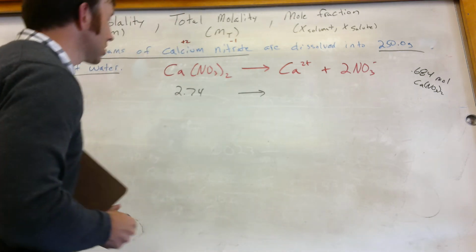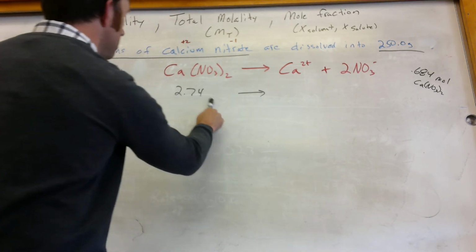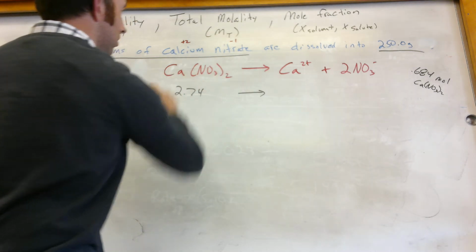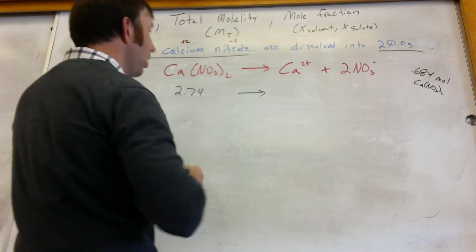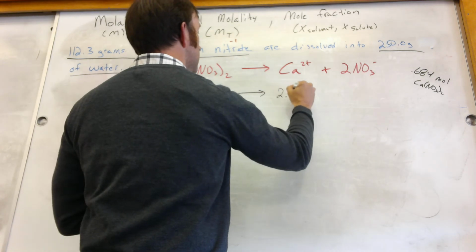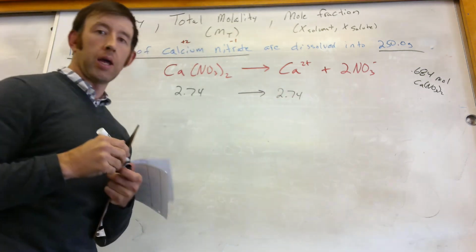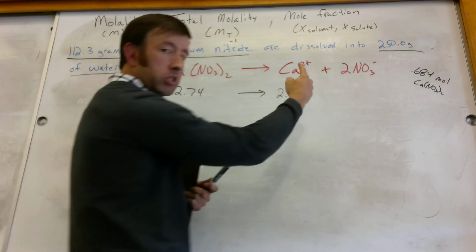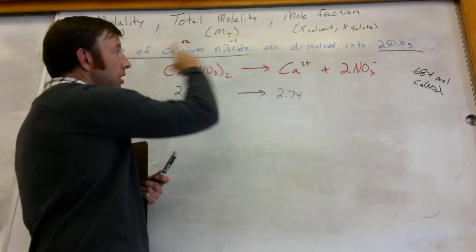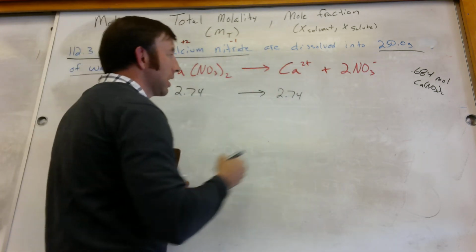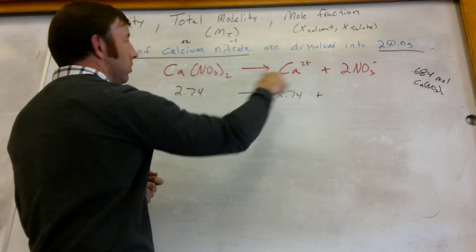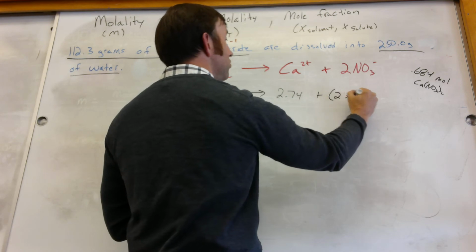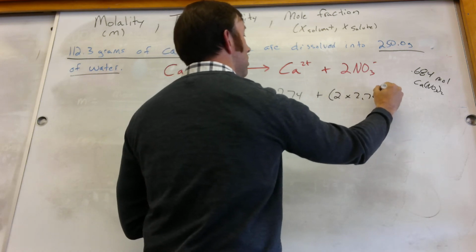So the way that looks here, I've got 2.74 moles here. It's a 1-to-1 ratio for my calcium, so this would also be 2.74 moles. Now, the trick here is because I have a coefficient of 2 for the nitrate, I need to double that mole amount again. Because I've got a 1-to-2 ratio, I'm going to go plus 2 times 2.74.